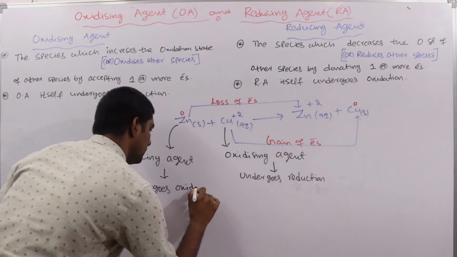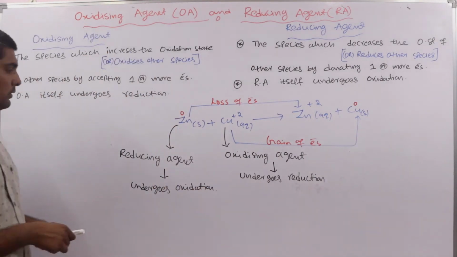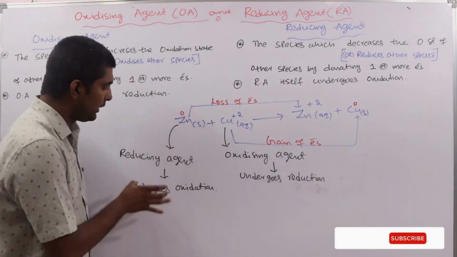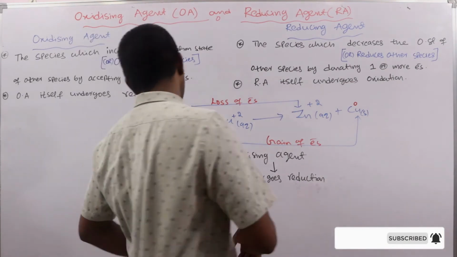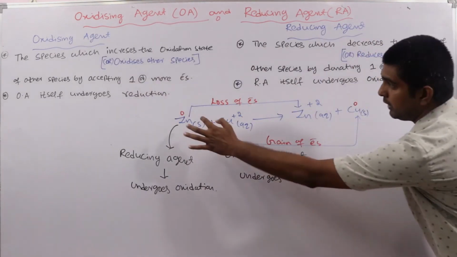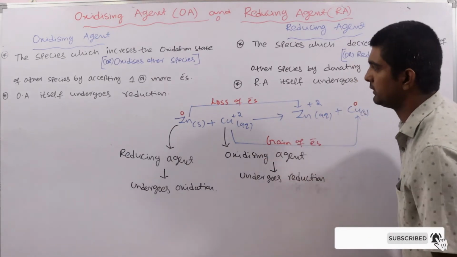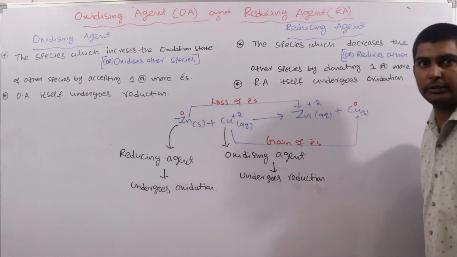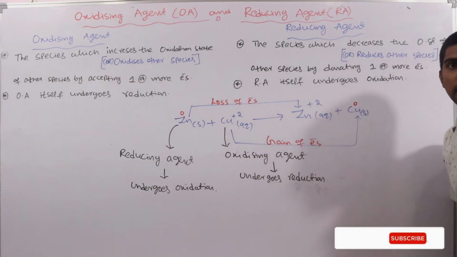So here zinc is a reducing agent, so it undergoes oxidation. So zinc is changing from 0 to plus 2, means what is happening? It is losing electrons, means it is undergoing oxidation. So which is taking this electron? This copper is taking the electron.